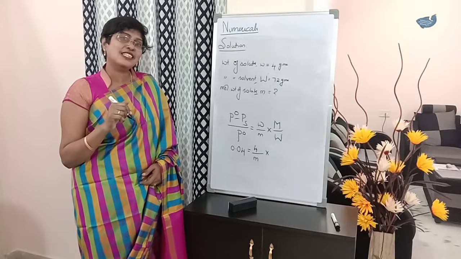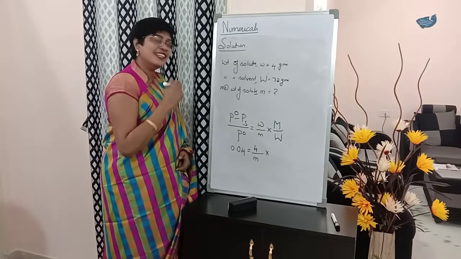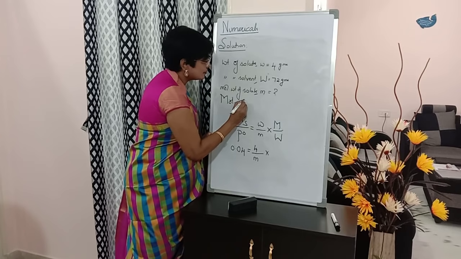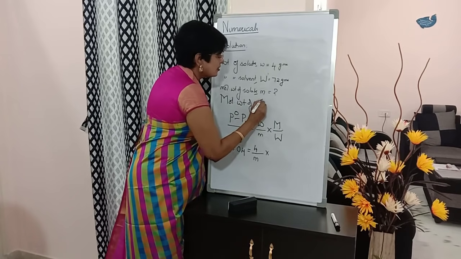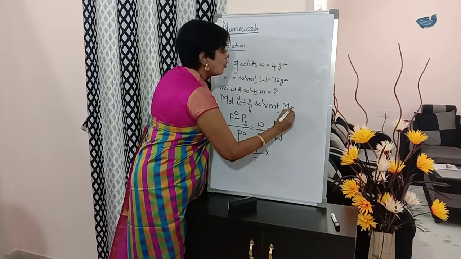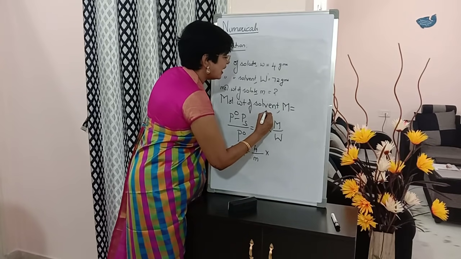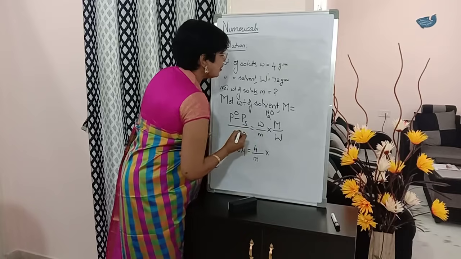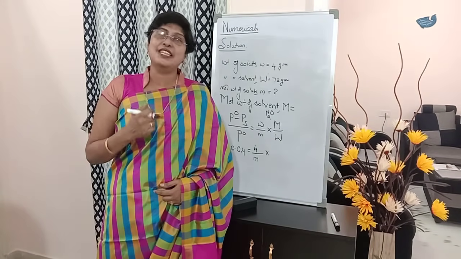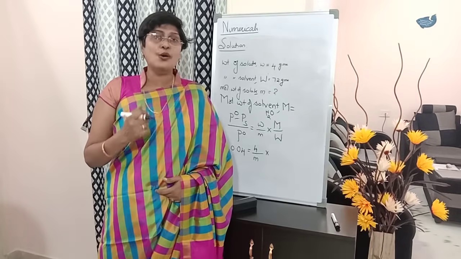Capital M means molecular weight of the solvent. What is the solvent here, students? The solute is dissolved in what? Water. Water, formula H2O. So what is the molecular weight of H2O? It need not be given in the problem. We can do it on our own.